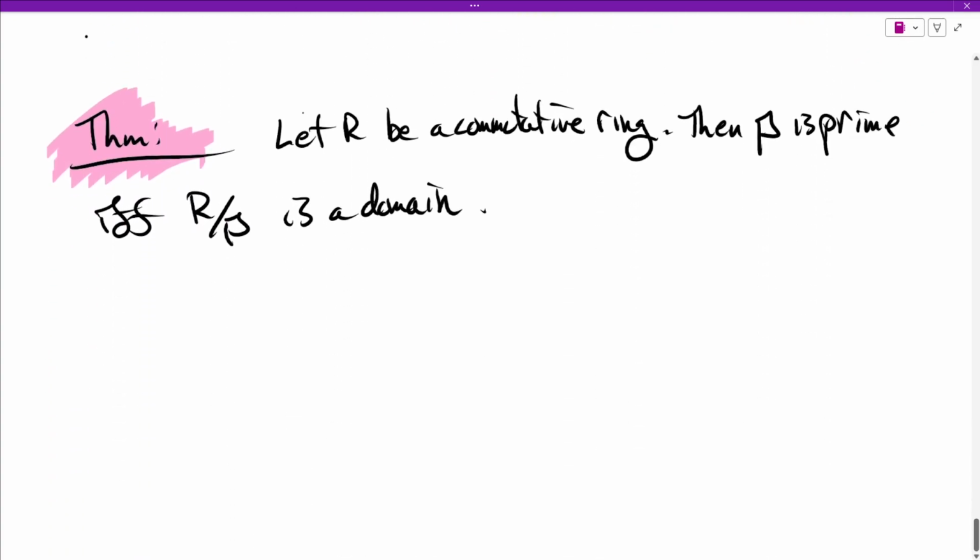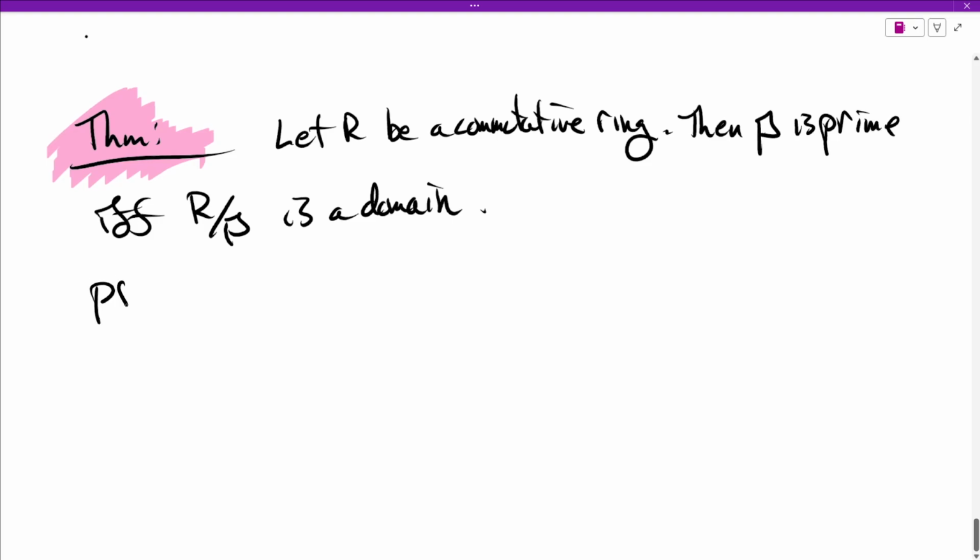So this is the theorem in general, and one might ask, well, you got fields, why didn't you put field here? That's because we were working with PIDs, and we'll see shortly that in a PID, that's what happens. In general, though, you are only promised a domain, and I'll give you an example of that in a second.